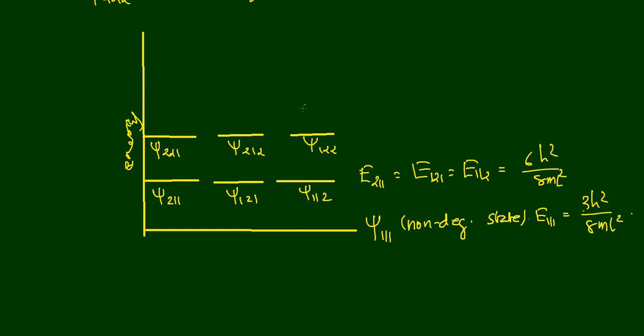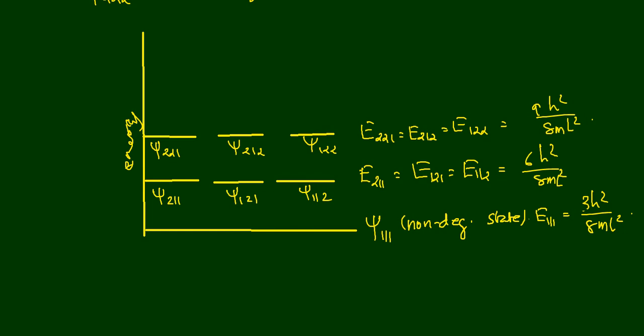All these have the same energy, that is E221 is equal to E212 is equal to E122, and what will be that value? 9h square divided by 8ml square, because that value depends upon 1 square plus 2 square plus 2 square, means 4 plus 4 plus 1, that is 9.